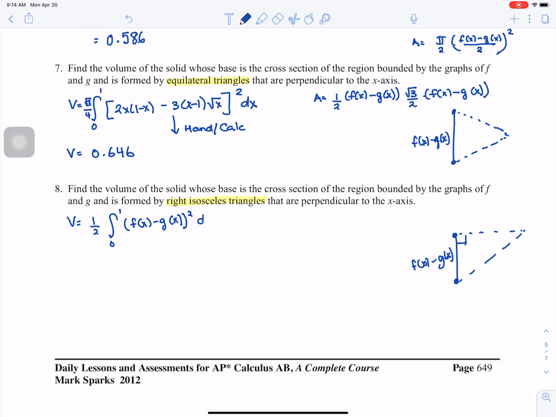I square it, dx. My f of x was 2x(1 minus x), minus my g of x, which is 3(x minus 1) root x, all squared, dx. And we work that out, and you get 0.746.